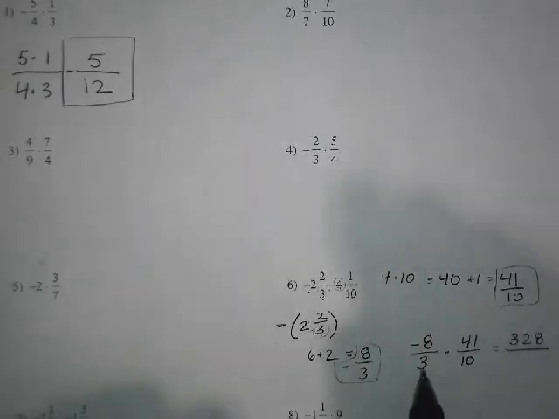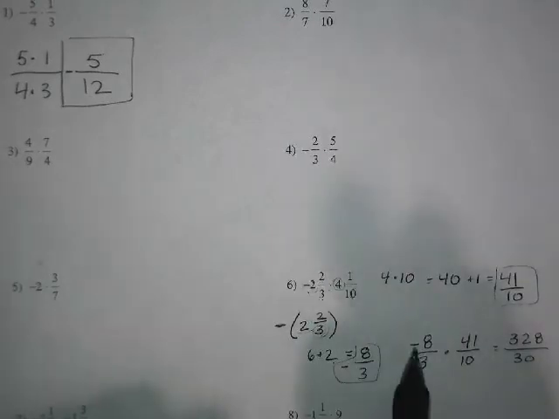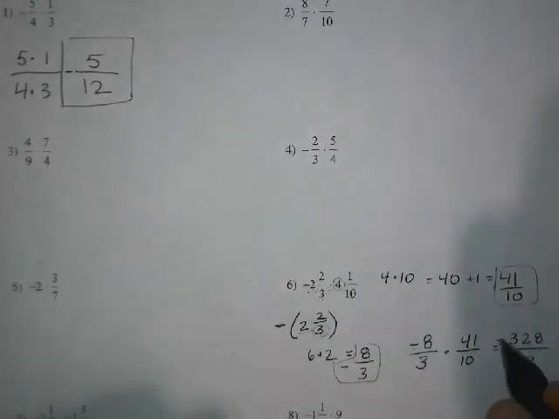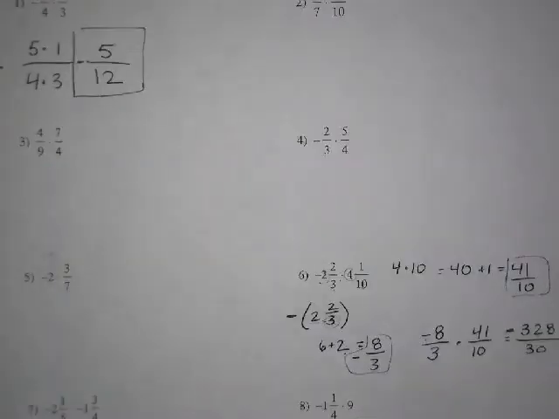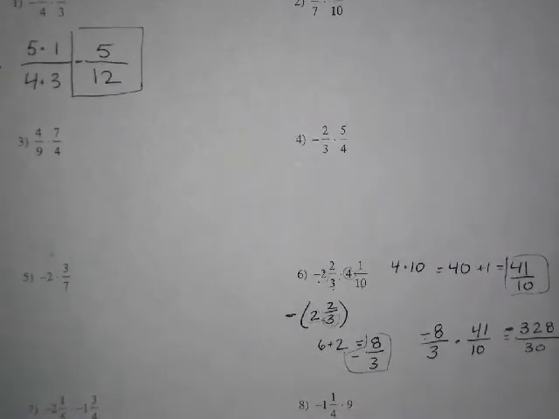And then 3 times 10 is 30. And don't forget, there was a negative, and we're going to add that to the whole fraction. And this can be simplified further. And actually, our final answer is going to be negative 10 and 14/15.